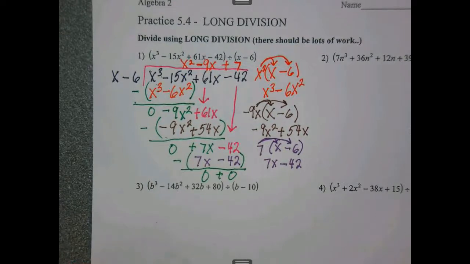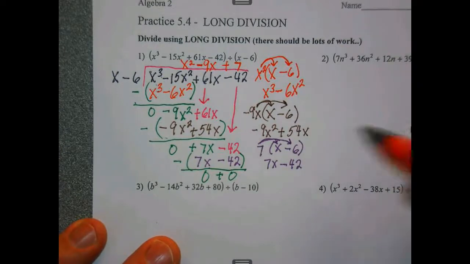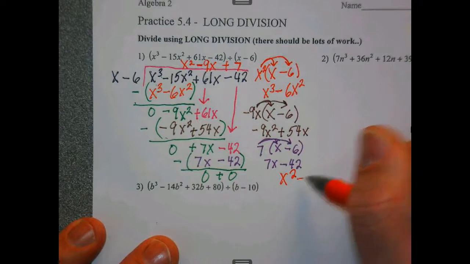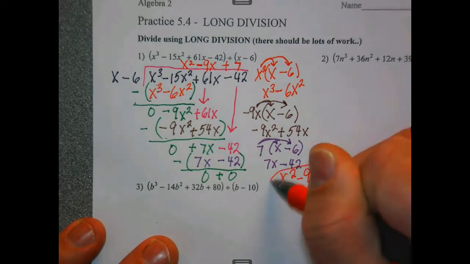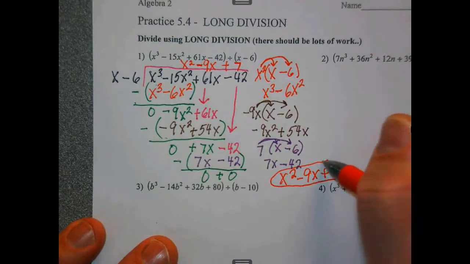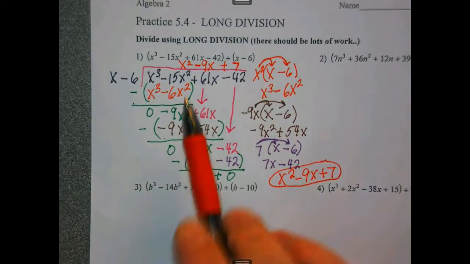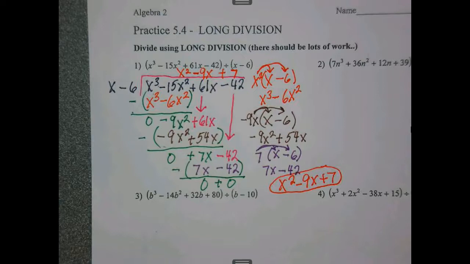My answer is x squared minus 9x plus 7 with no remainder. Okay, if I don't have a remainder, what does that mean? Anybody remember?